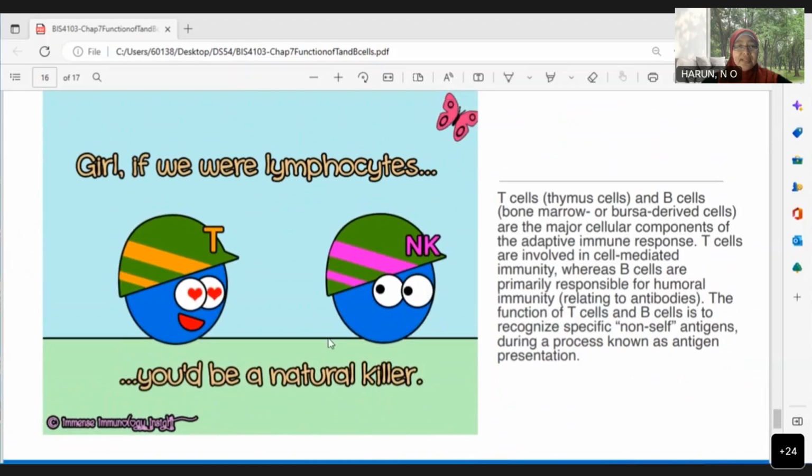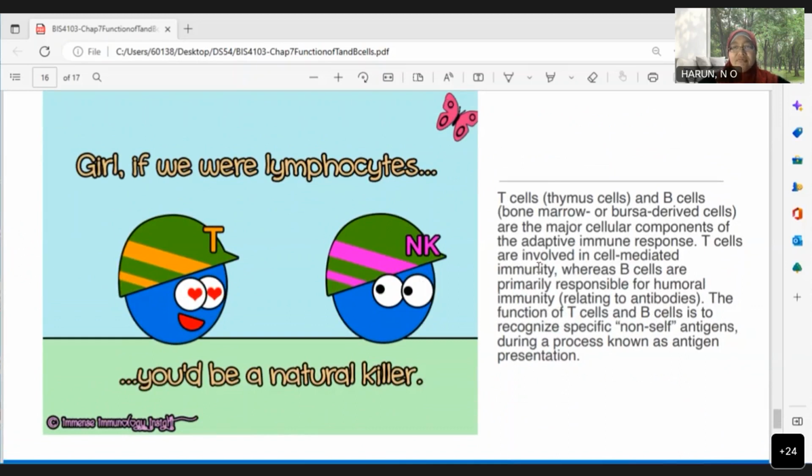Okay. Look at this particular figure. If we look at lymphocytes, this is the T cells, this is natural killer cells. Okay, the T cells or thymus cells and B cells, bone marrow or bursa-derived cells, are the major cellular components of the adaptive immune response.